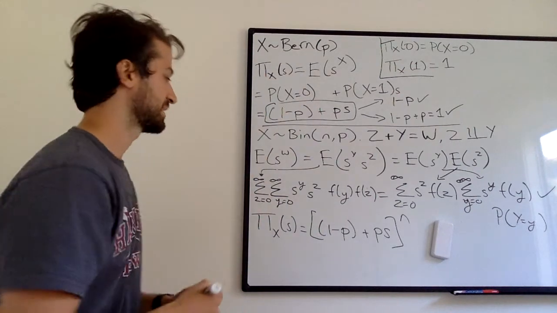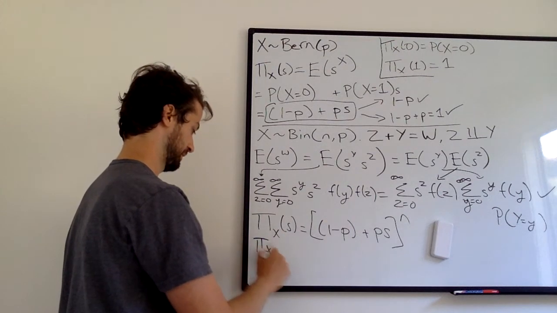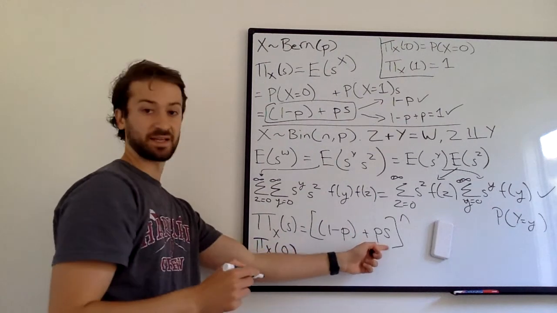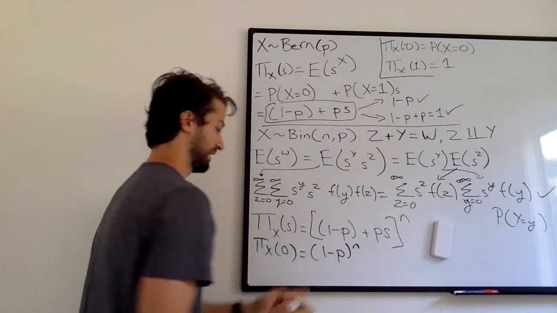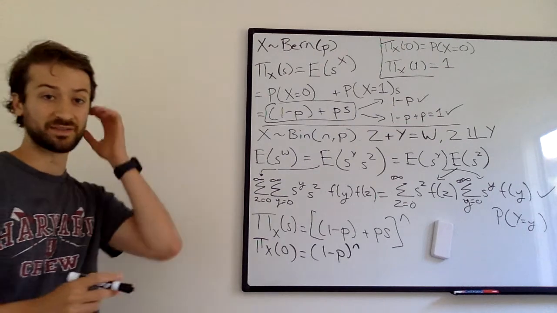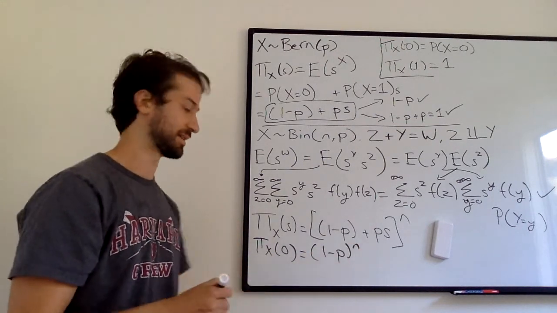We can do the quick test, right? We plug in 0 for s, this ps goes away, we get (1 minus p) to the n. That indeed is the probability of x equals 0, or 0 successes. We have n failures, and the probability of failure is 1 minus p.